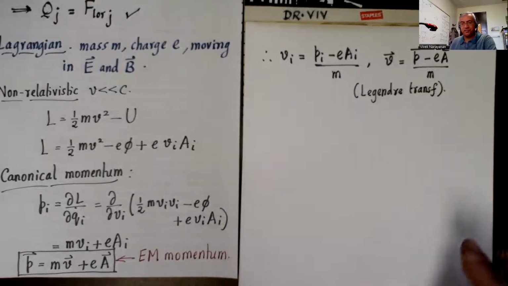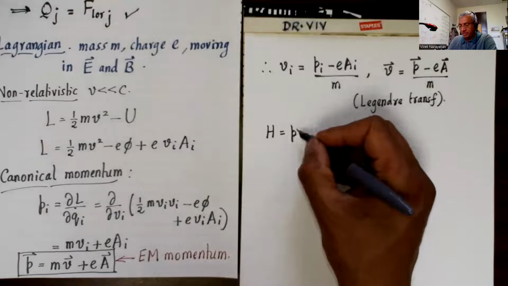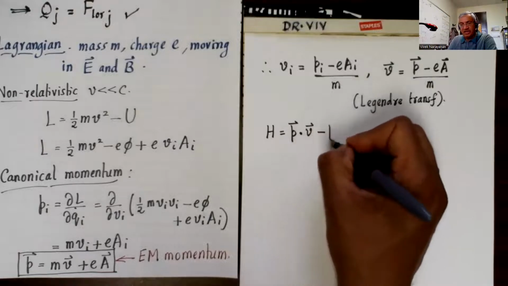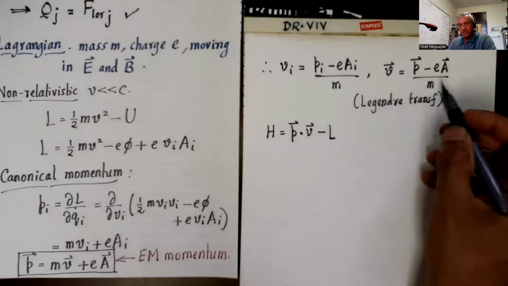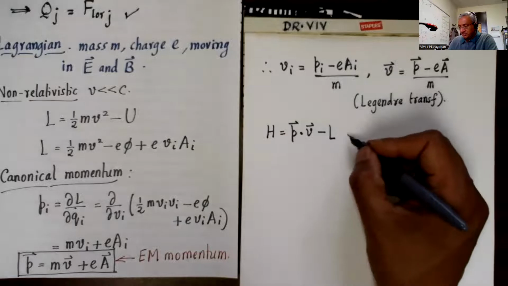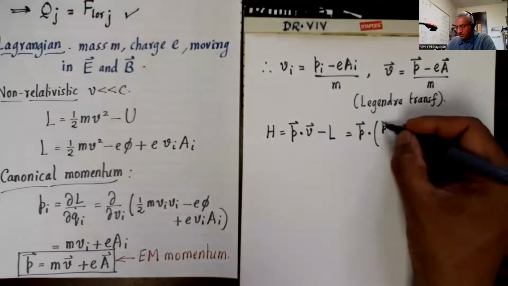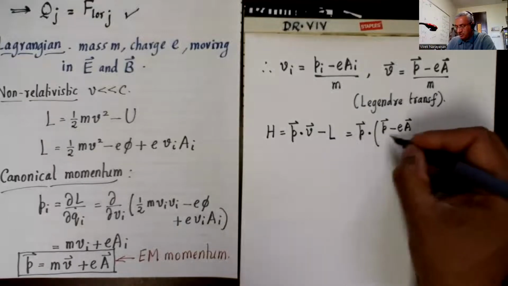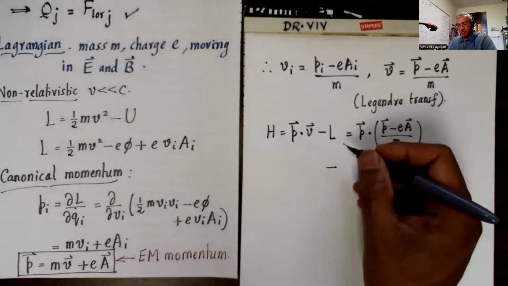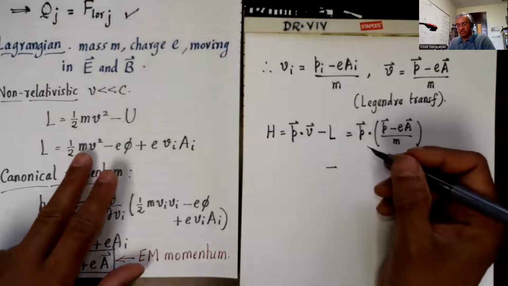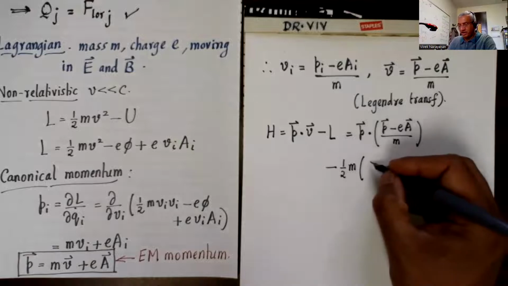To write the Hamiltonian, we have to form the following quantity: p dot v minus L is the Hamiltonian, with v given by this. So let's go ahead and do this. I'll stick with the vectors because it's kind of fun to do vectors. p dot (p minus eA) over m, minus the Lagrangian written entirely in terms of the momentum and not in terms of velocity. So I have to write that here as 1/2 m, instead of v squared, v dot v.